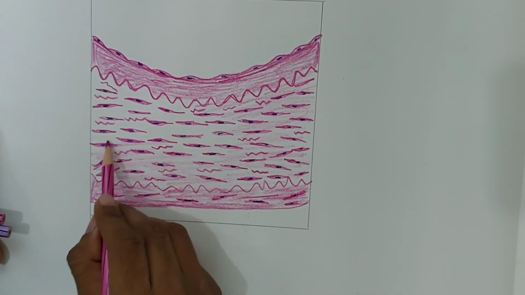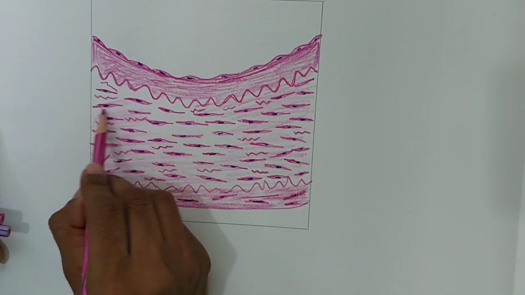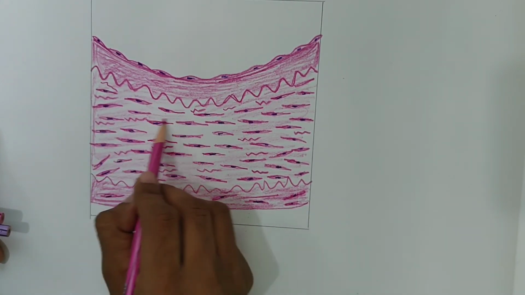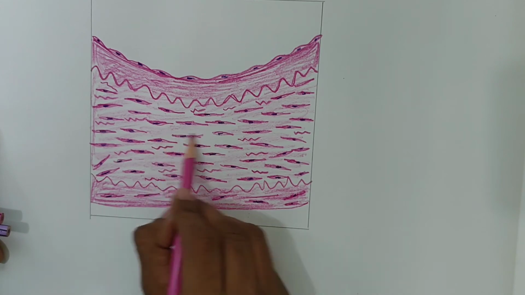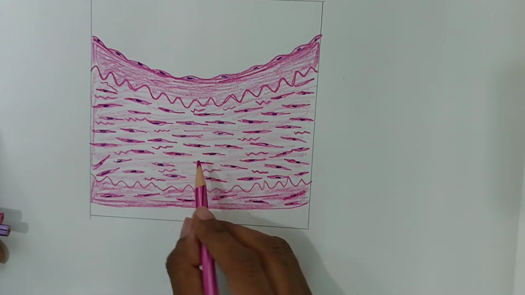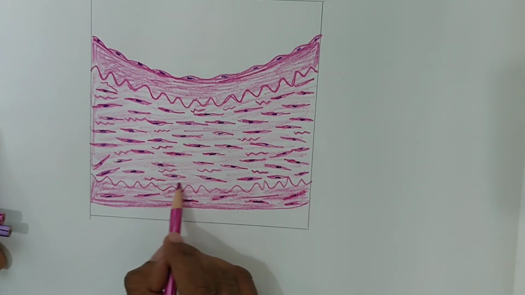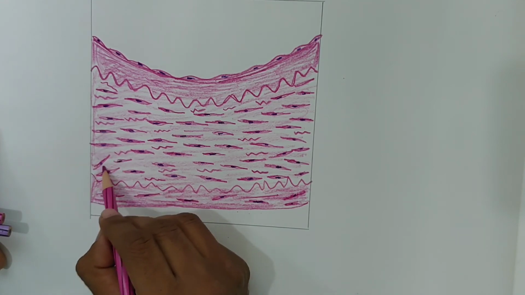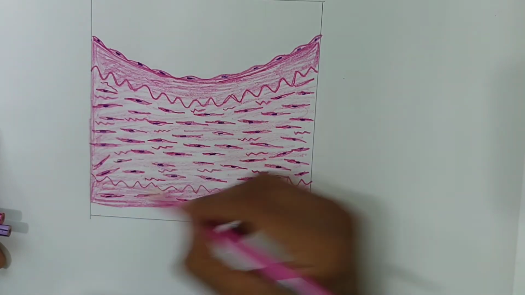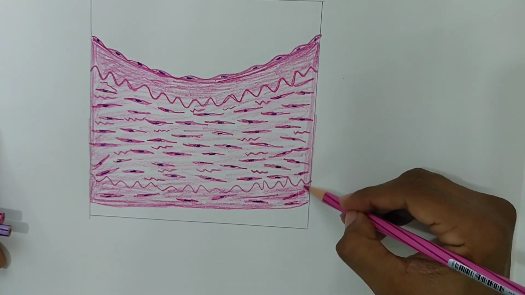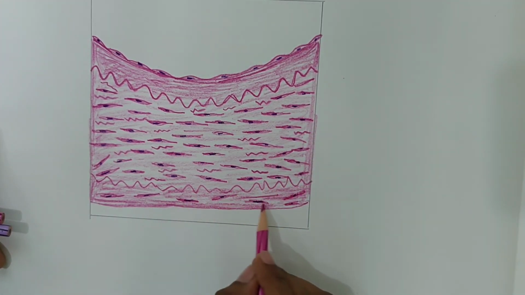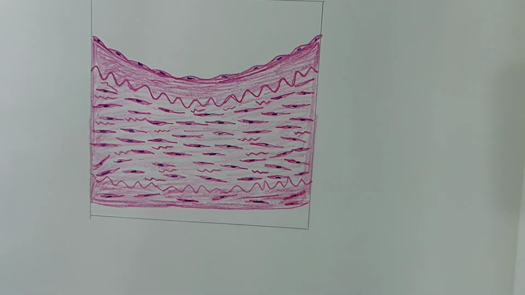Fewer elastic fibers. So this is the histological diagram of the muscular artery.